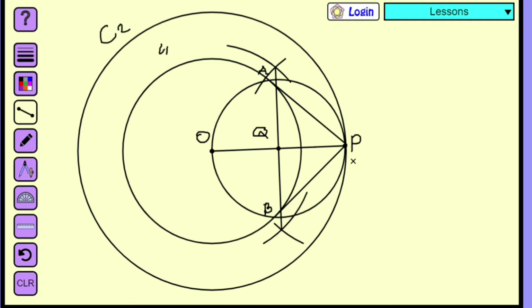In this question it's asked to verify the lengths of PA and PB by actual calculation. If you want to do the actual calculation, you have to join OA.